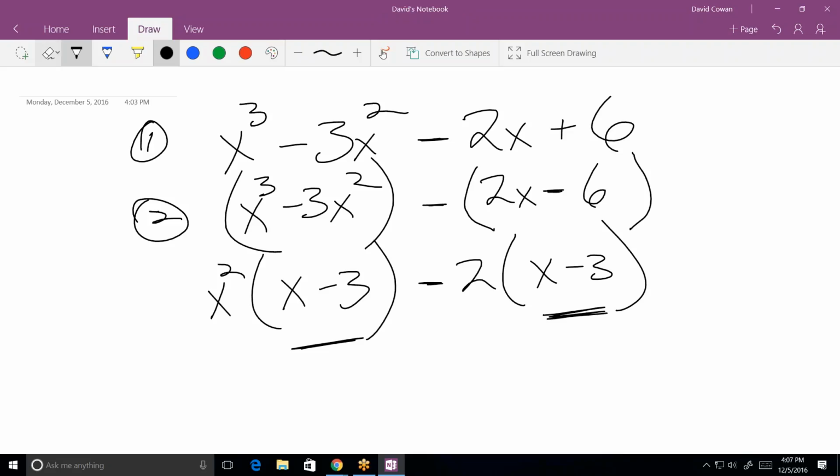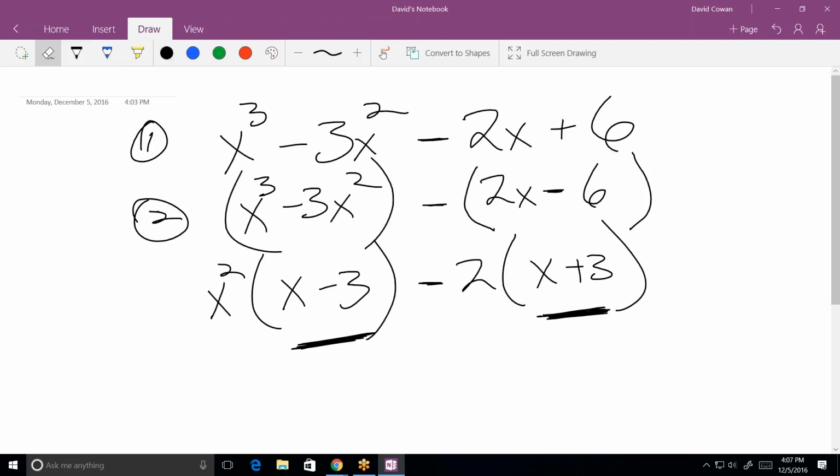So, had you made the mistake that almost everybody makes and put a plus sign there, you would have gotten x plus 3. That should be your red flag. That should tell you you made a mistake. The only way grouping ever works is if this binomial term is the same as this binomial term, because our next step is to factor out that binomial term.